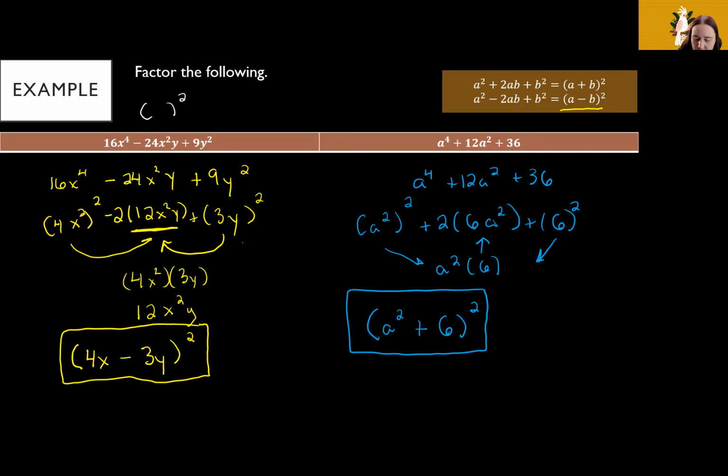You have something squared minus 2 times something times a different something plus something squared. And you can color code that you have something squared, 2 times that something, and then you have a different something that has a different color.